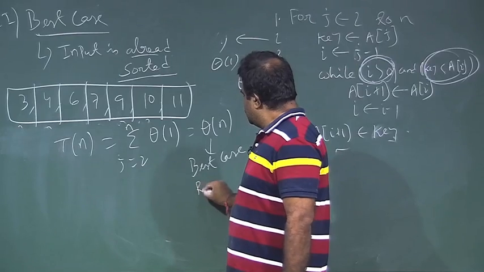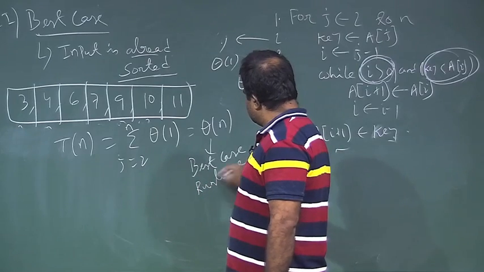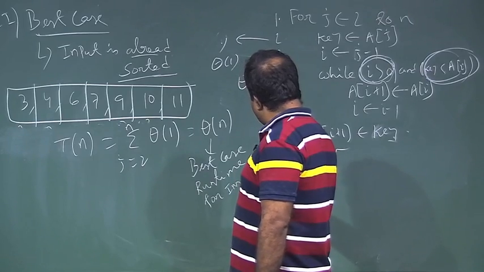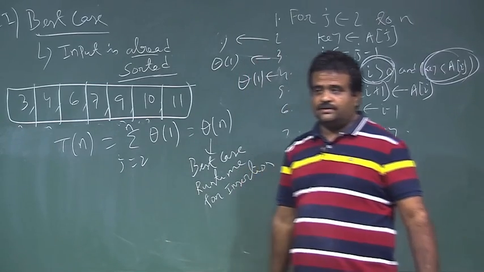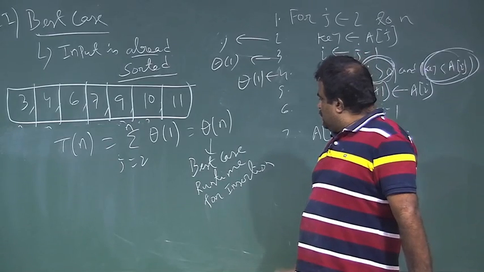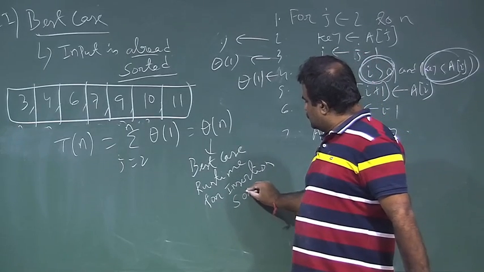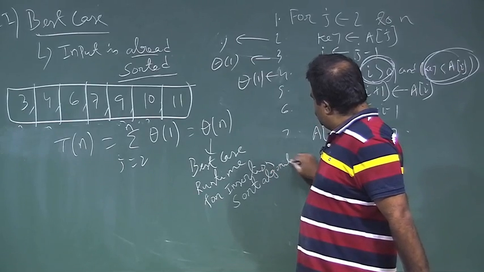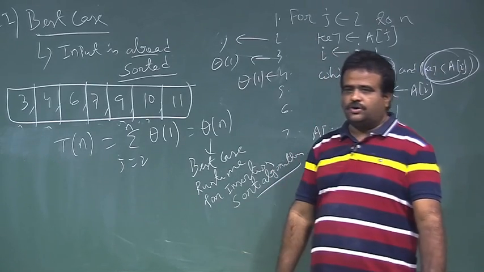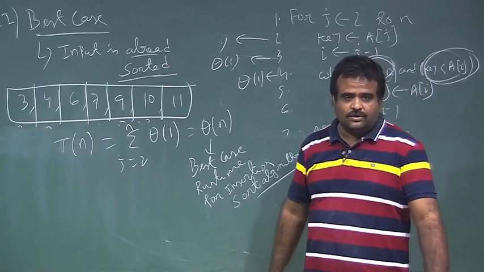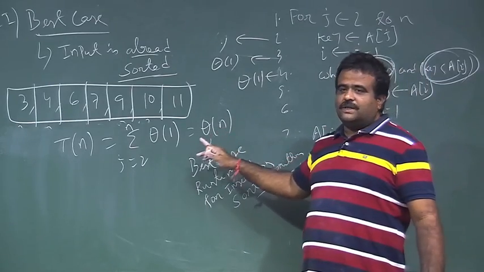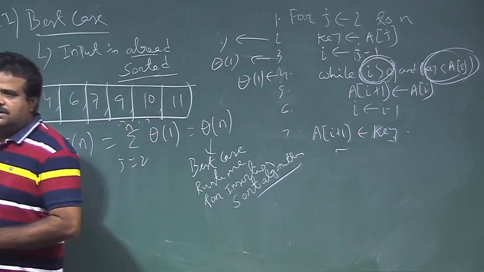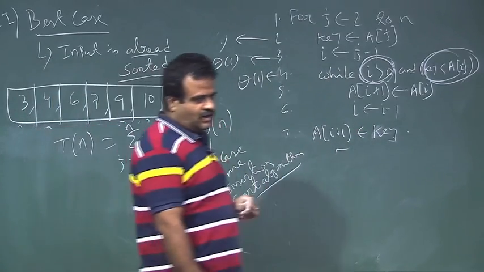It is linear, but this only occurs if the input is sorted, not for any other input. This is a very special case when the input is already sorted. But the worst case is n square.